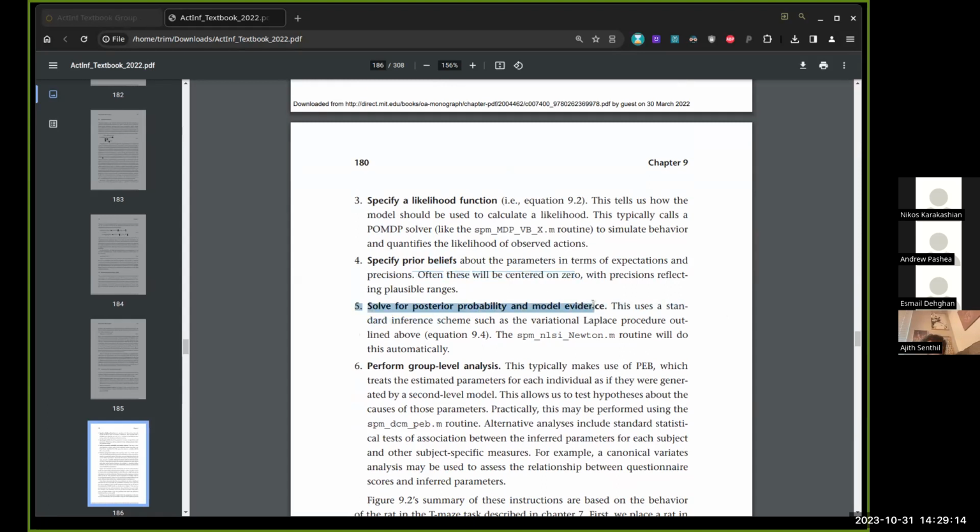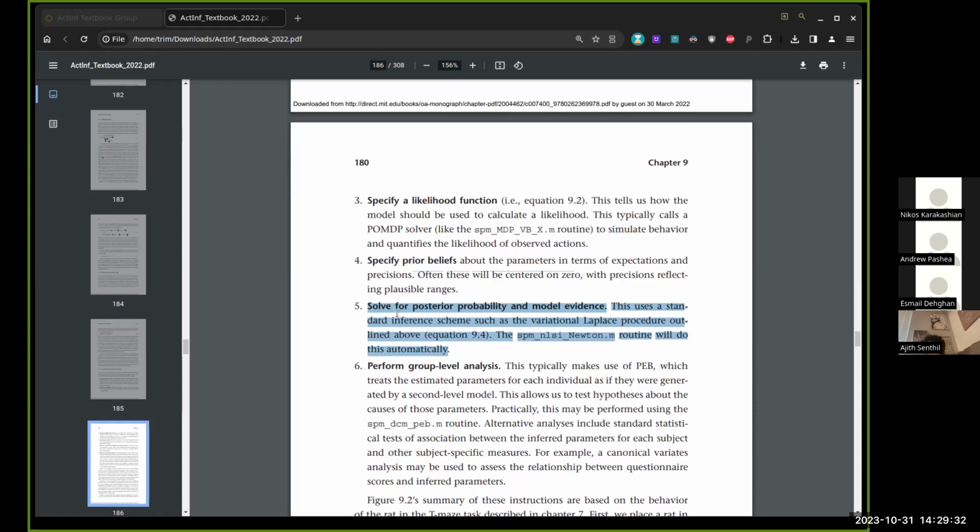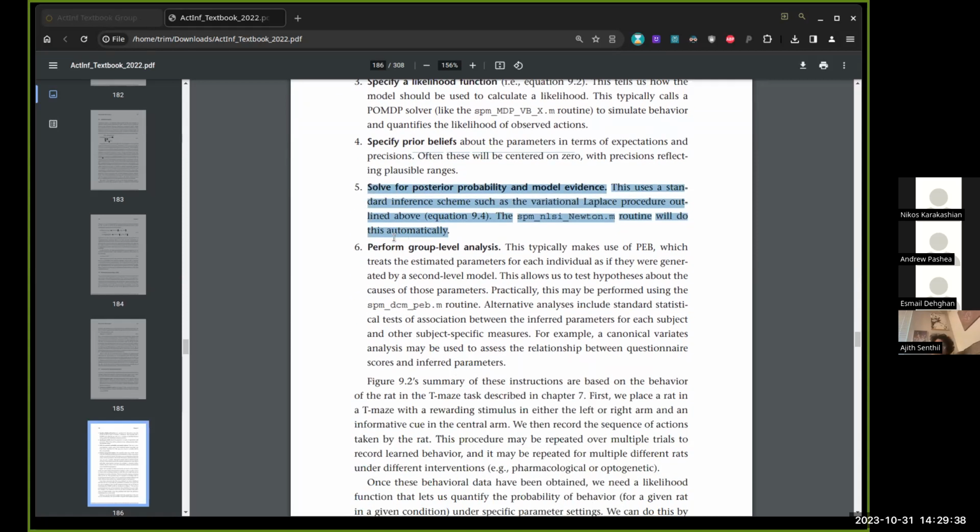Then solve for posterior probability, the standard inference scheme. Again, we could look at this routine, but this just takes in the above information and makes a calculation. So the output of steps 1 through 5 is going to be these estimates of different parameters of the model.